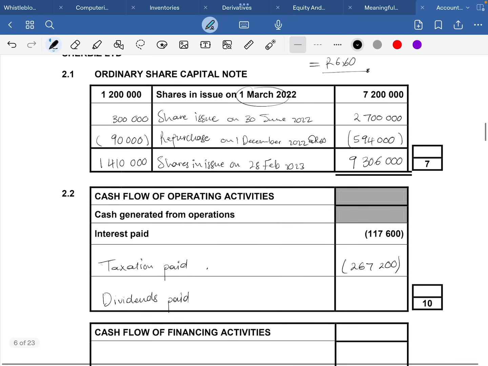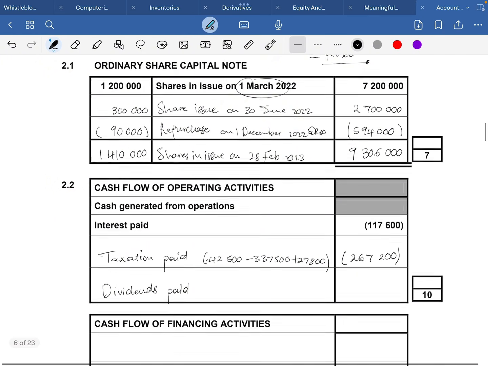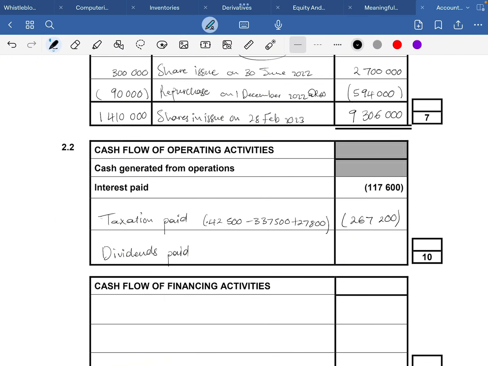So it is 42,500 minus 337,500 plus 27,800. Right. Then now we move on to dividends paid.